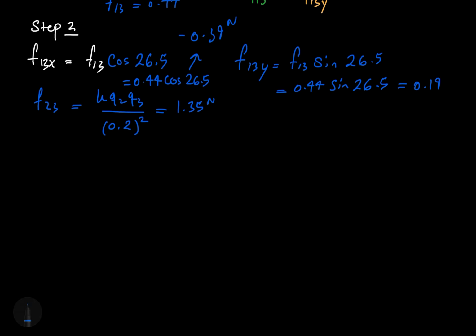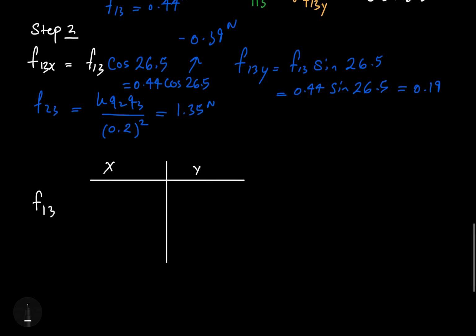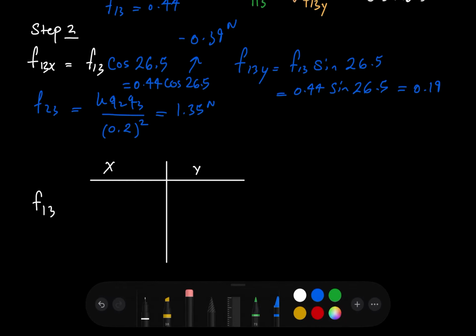All right, so here's going to be the deal. In order to find the resultant of the vectors, we're going to write x, and we're going to write y here. So we have the force of 1 on 3, so the force from the first charge on the third charge. In the x component, the force is F13 cosine of 26.5, which is negative 0.39 newtons.